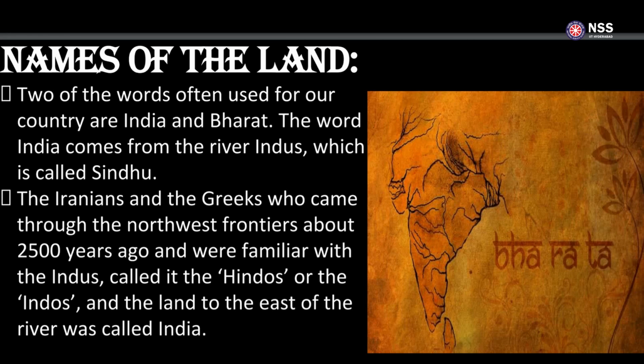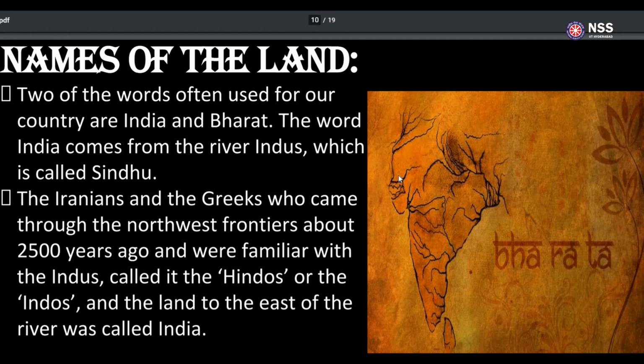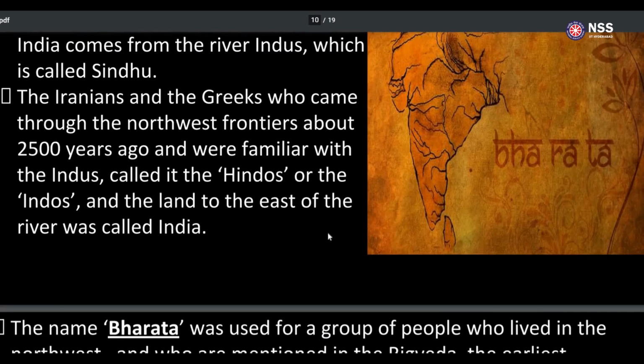And the land to the east of the river was called India. Indus is somewhere in the west, and to the east of the Indus lies India. Hence the name India arrived, as it was east of the river Indus or Hindus, which was named then by the Greeks or Iranians who arrived at that river 2500 years ago.